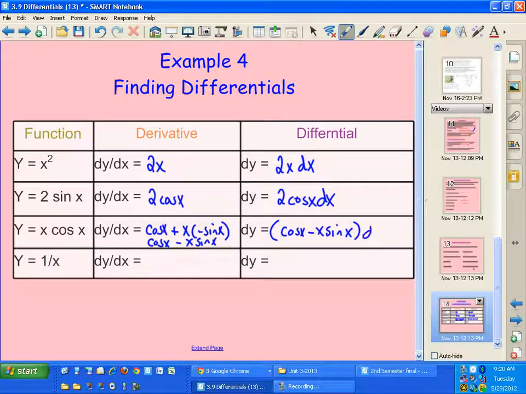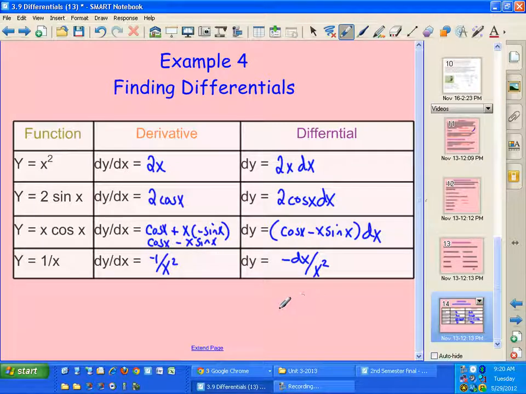If I took the derivative of this, I would end up with negative 1 over x squared. Over here, it might be written like this, negative dx over x squared, just because the dx is multiplied by the negative 1, and therefore it gets simplified to something like that.